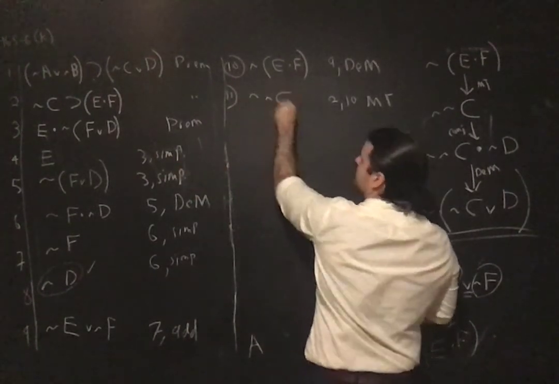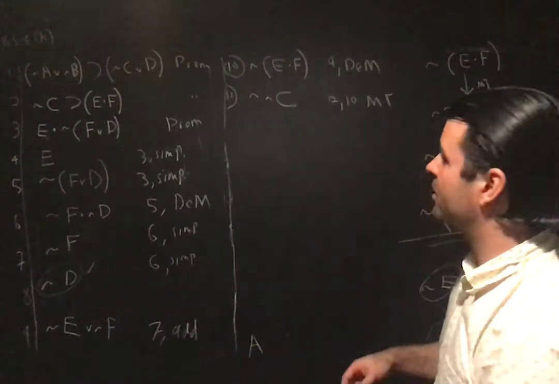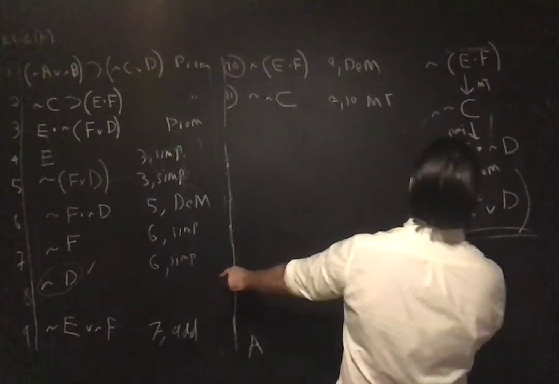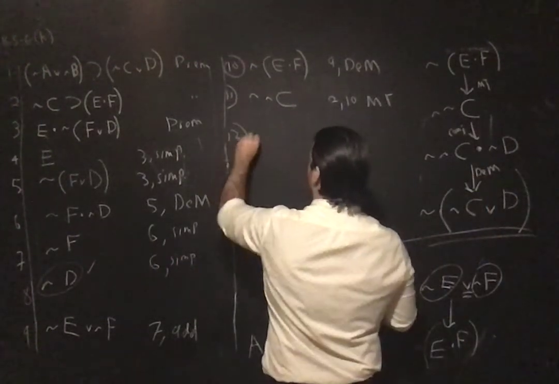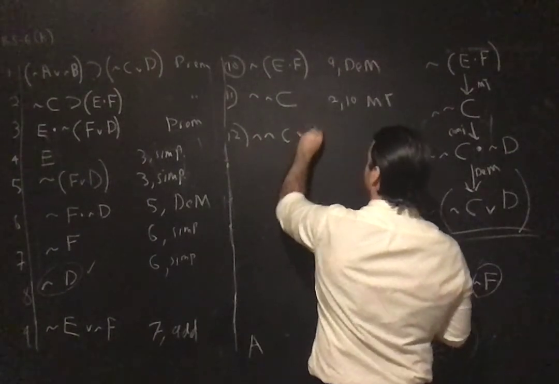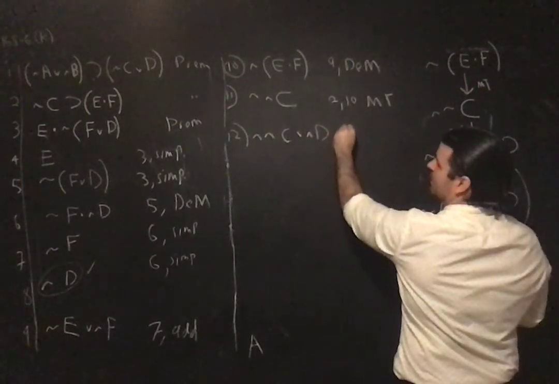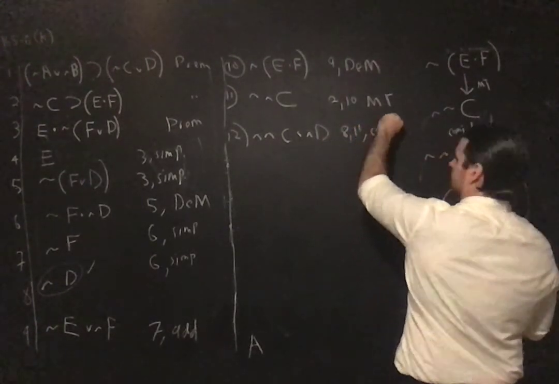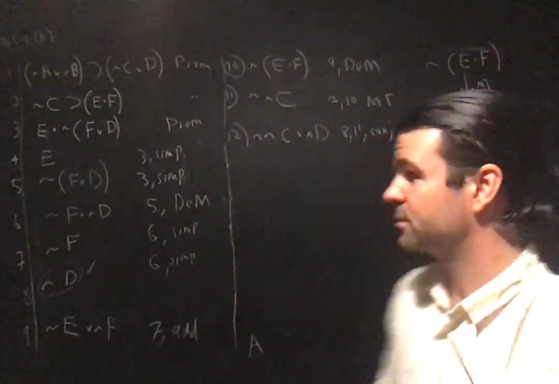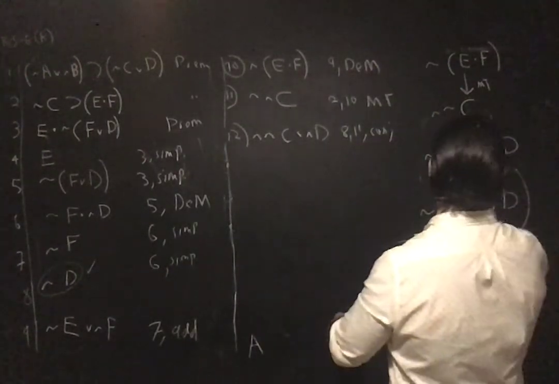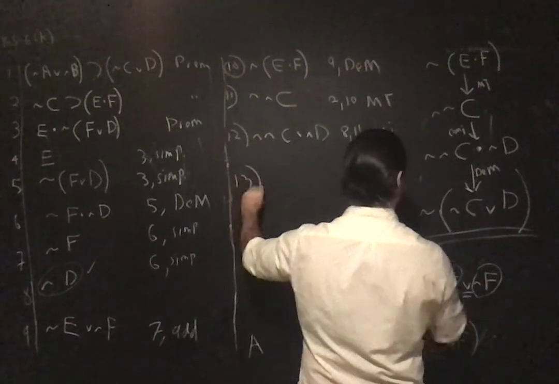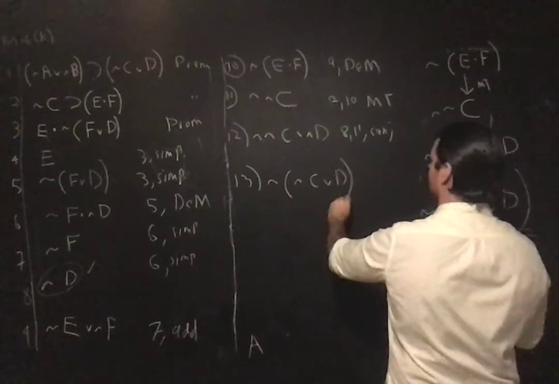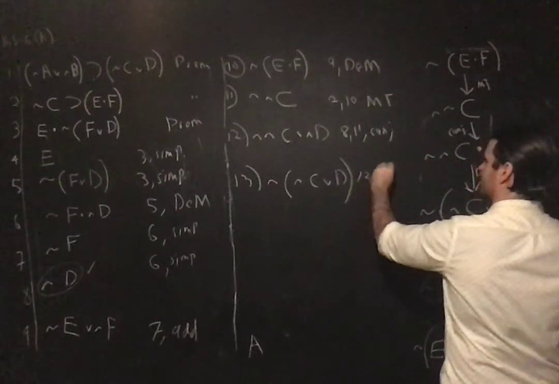Not C. I wanted not C. So I can conjoin it with not D. 12, not C and not D, 8, 11 conj. That's equivalent to this, not brackets, not C or D by 12 De Morgan.